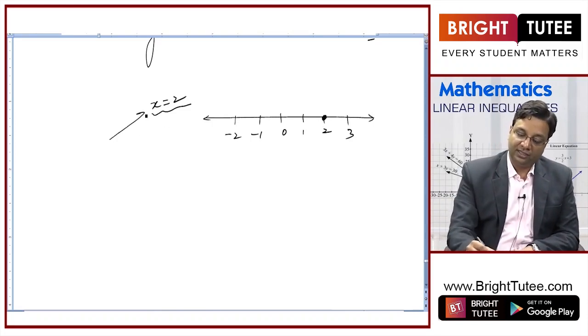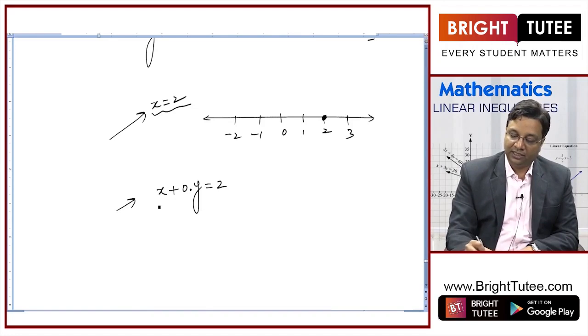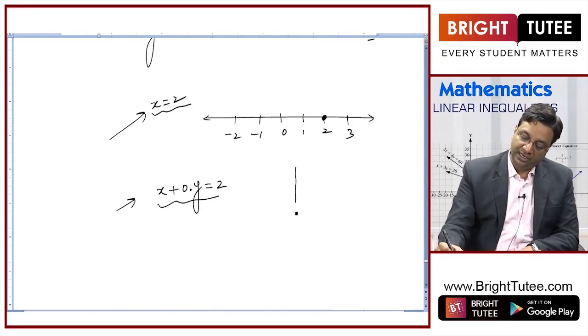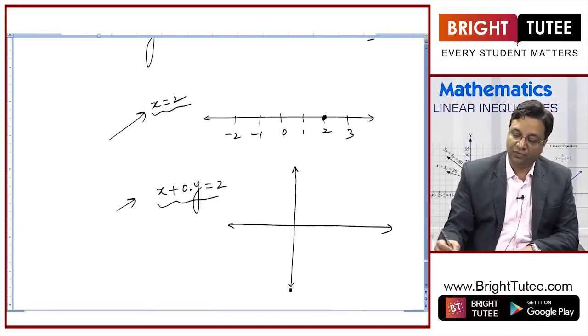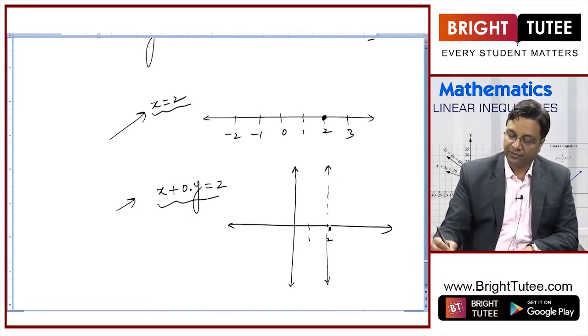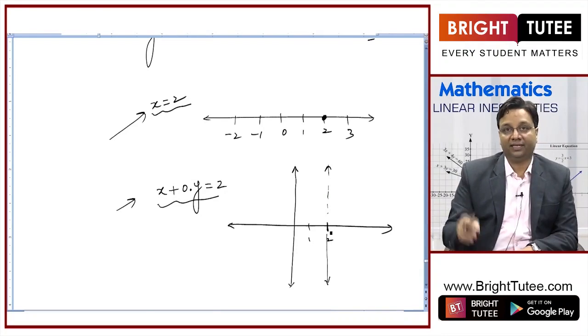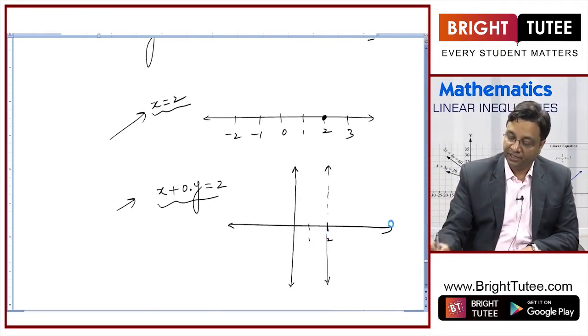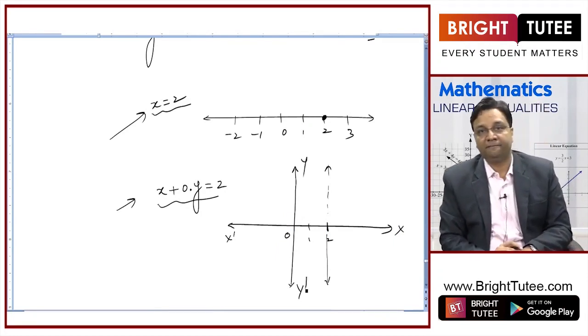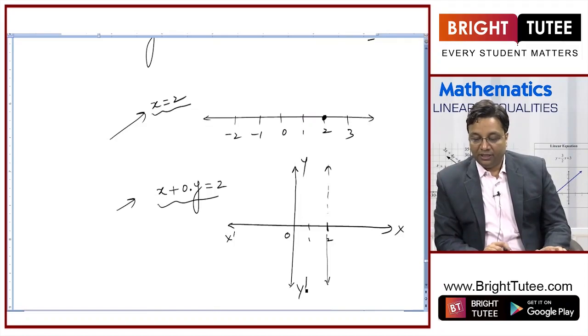If you look at this equation from the perspective of an equation in two variables, then you can write it like this, and on the Cartesian plane it will be a line parallel to y-axis like this. x will be equal to 2 at every point on this line. This is x, this is O, this is x dash, this is y, O, y dash. So this is how we will think about these equations.